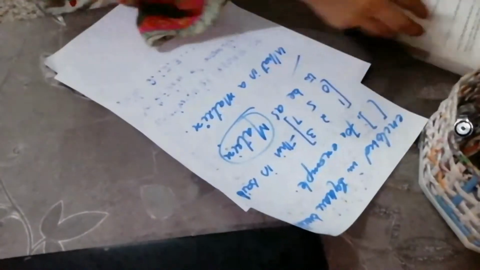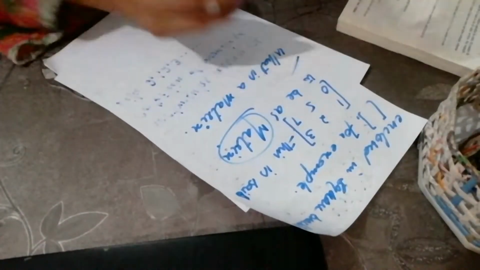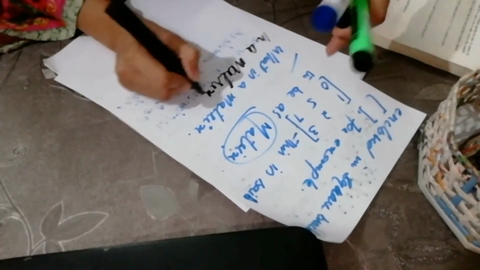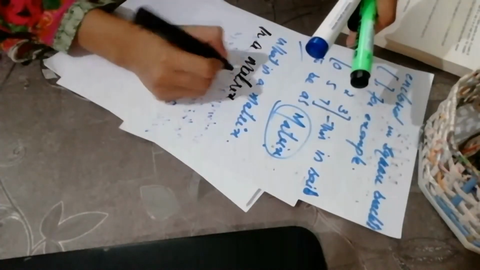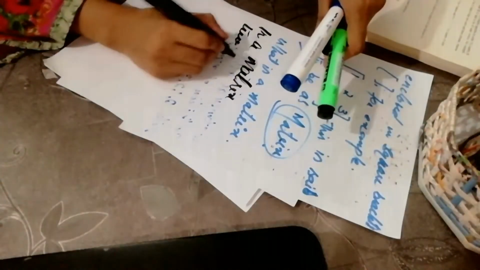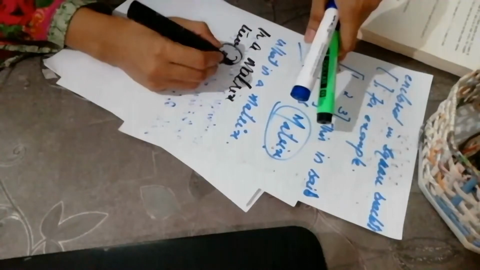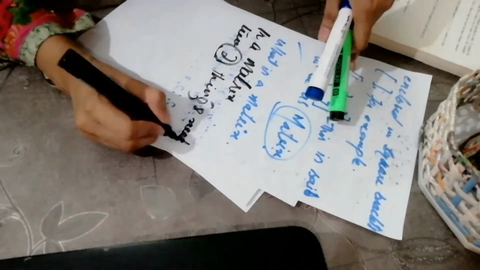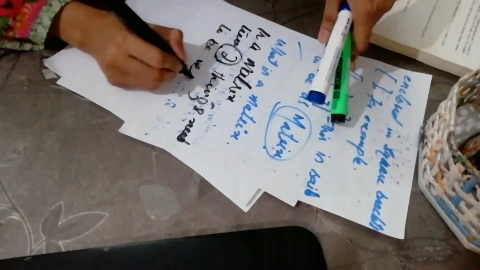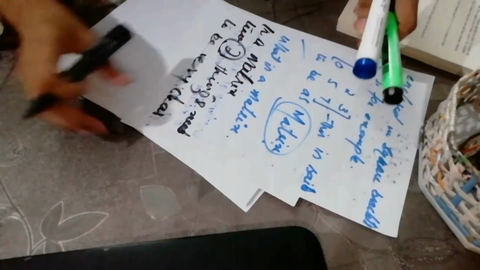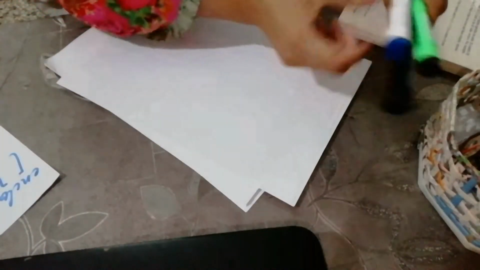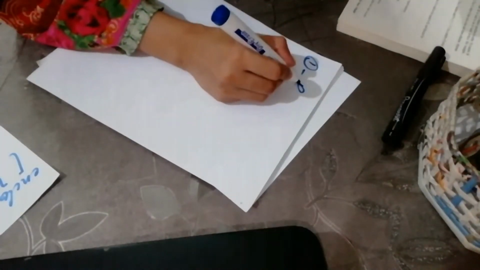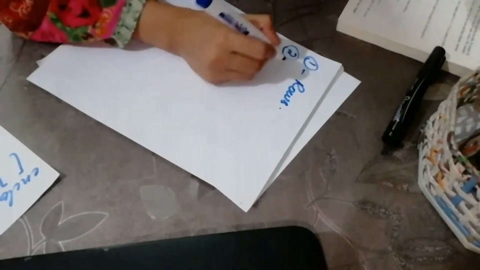Now in the matrix, two things need to be very clear. The first is rows, the second is columns.